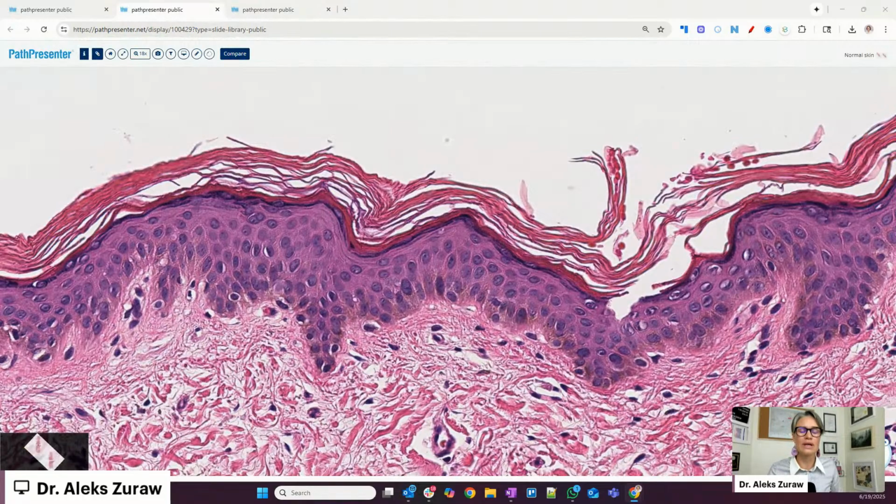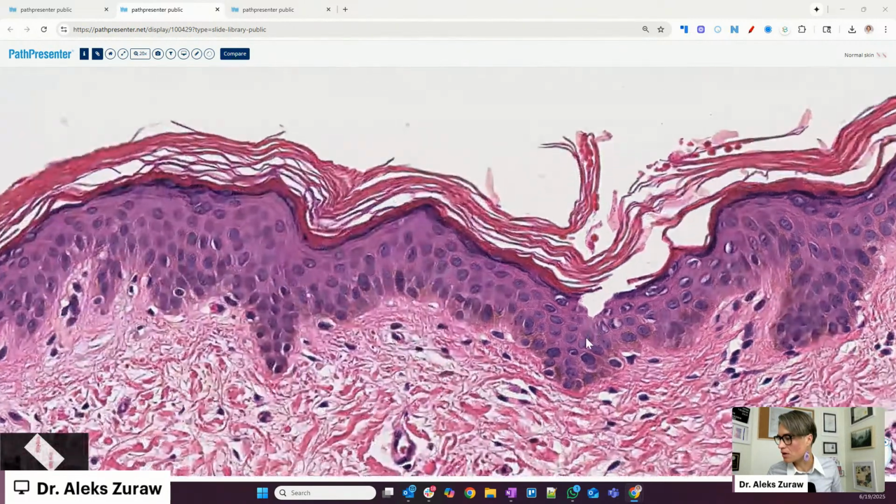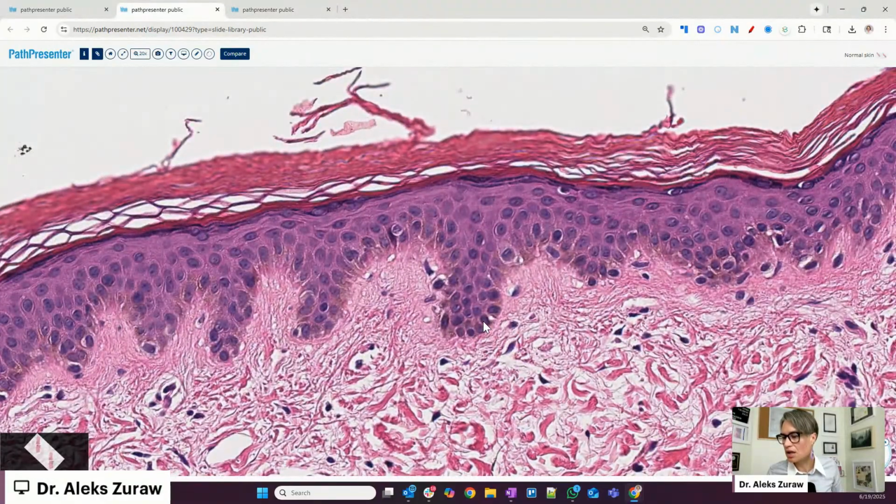Starting from stratum basale, also known as germinativum. Often you can see that they are arranged in a different fashion. They're cuboidal, lined a little bit like a row.